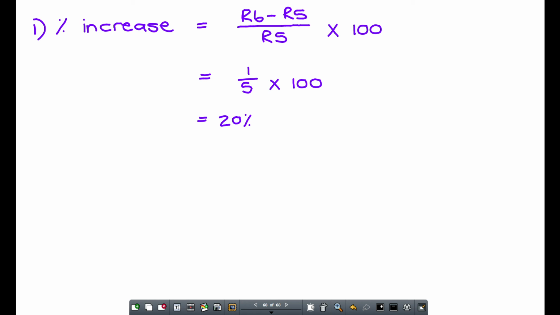Okay. Number 2 says the population of lions in a game farm has changed from 20 to 17, in the last month. Okay, so would it be percentage increase or percentage decrease? Decrease. Okay, so it's going to be percentage decrease.